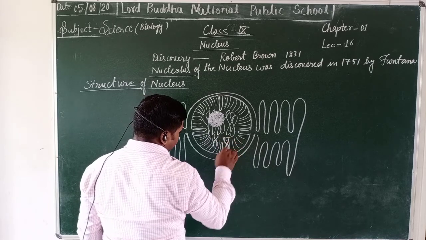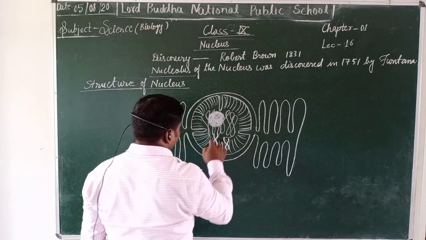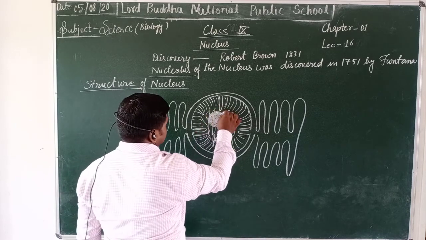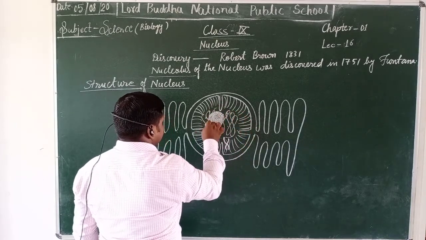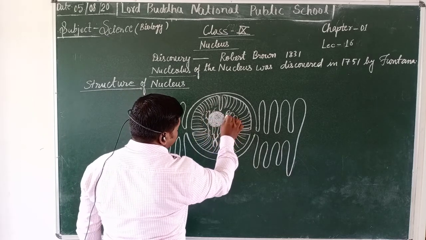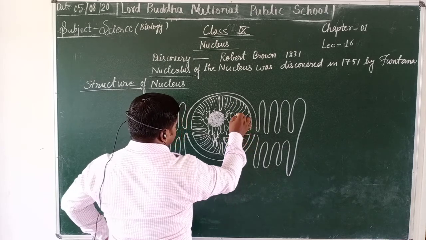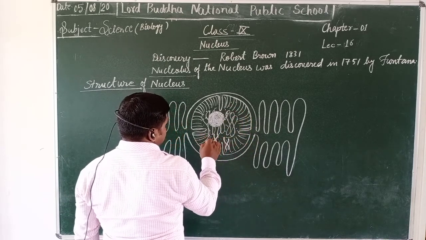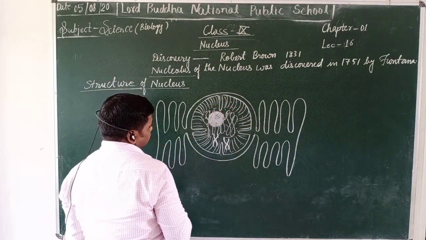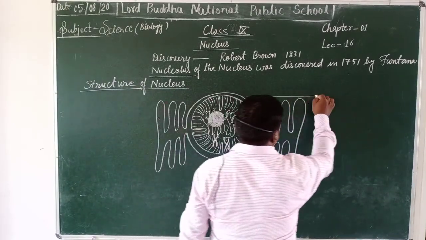If you want to illustrate the heterochromatids more clearly, you can represent them by crisscross shaped structures. And these dotted lines or points indicate the presence of all kinds of fluid structure inside the inner nuclear membrane that is called nucleoplasm. Now here we are going to label this structure.